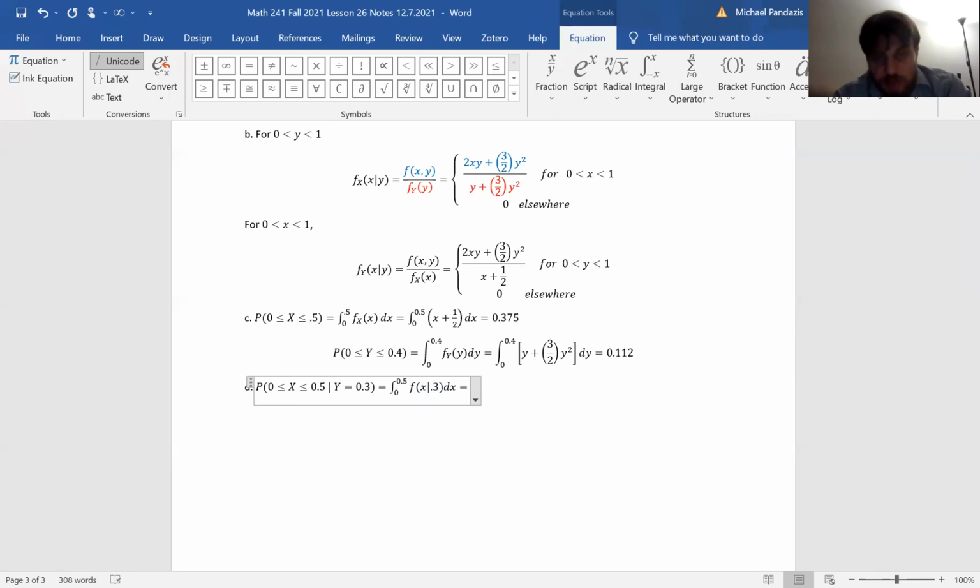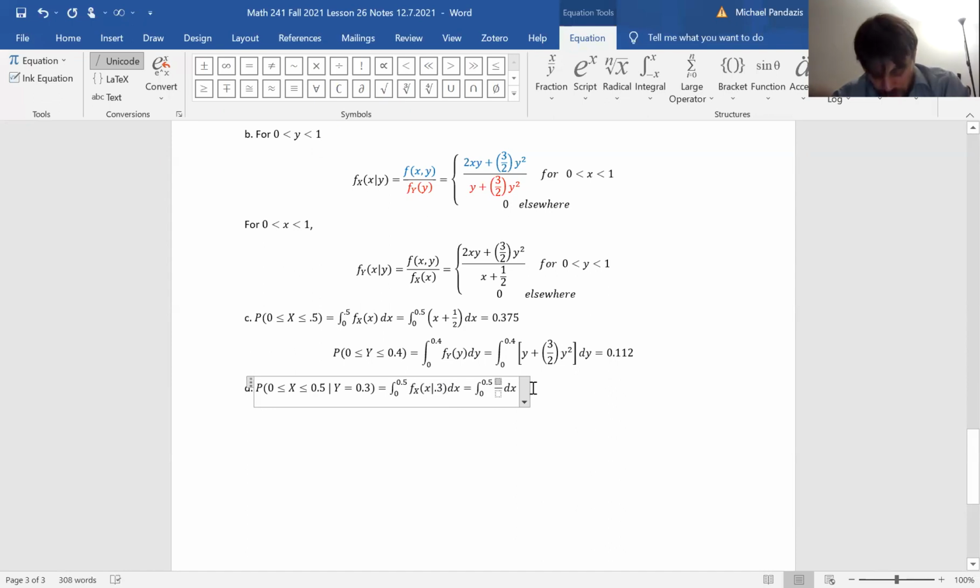So you're integrating f sub x given y from 0 to 0.5. Given 0.3, we want the value of this to plug in here.